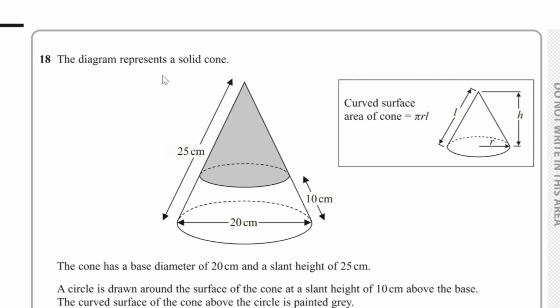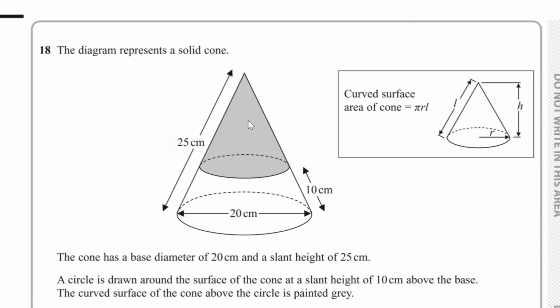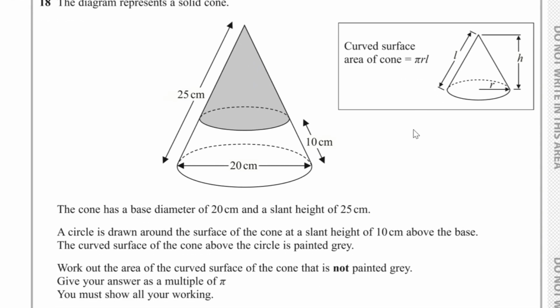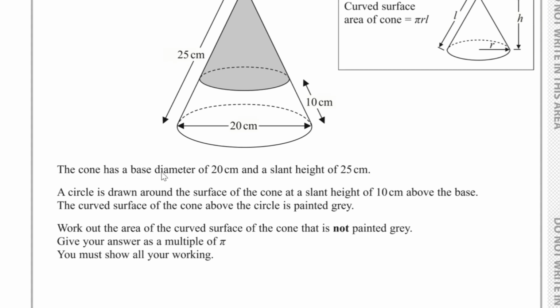Question number 18. The diagram represents a solid cone. The curved surface area of the cone is pi rl, and the cone has a base diameter of 20 centimeters and a slant height of 25 centimeters. A circle is drawn around the surface of the cone at a slant height of 10 centimeters above the base.